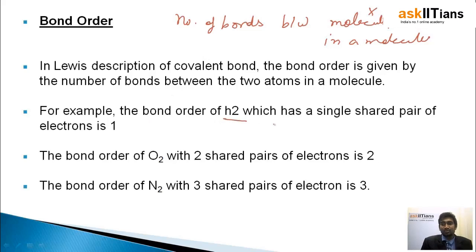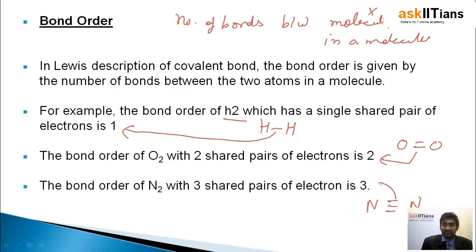For example, H2, if it forms the bond, I will have 1 bond, so its bond order is 1. In case of O2, I have this structure, I have 2. N2, I have 3. So this is the number of bonds between the atoms in a molecule, and it is 3 in case of nitrogen, 2 in case of oxygen, and 1 in case of hydrogen.